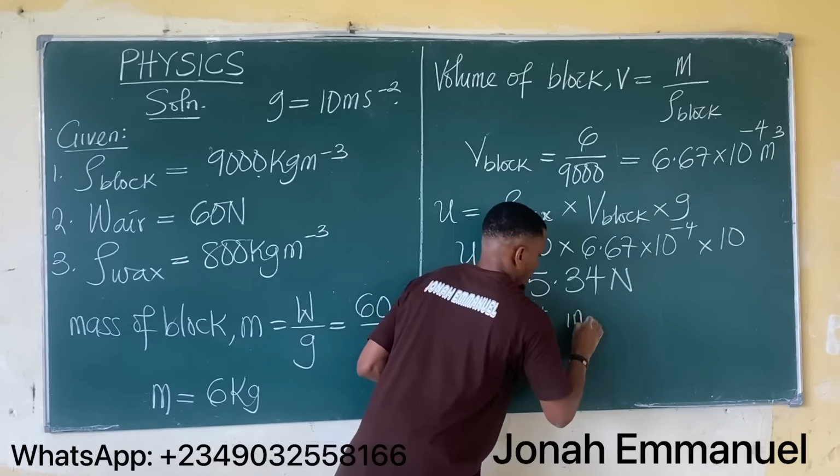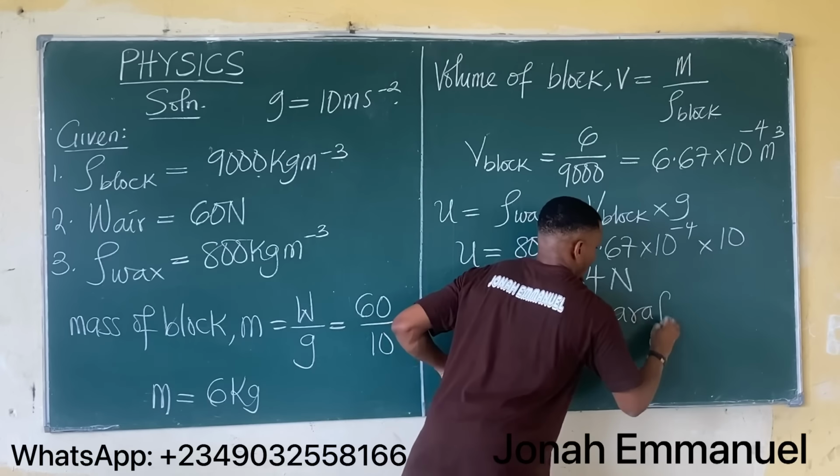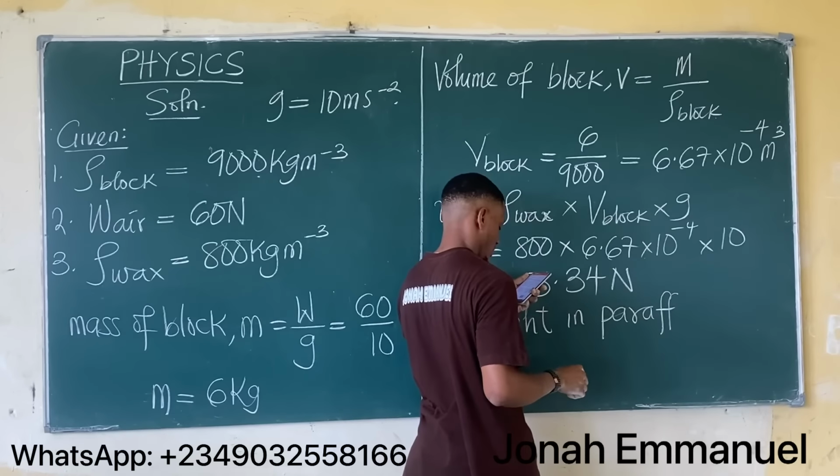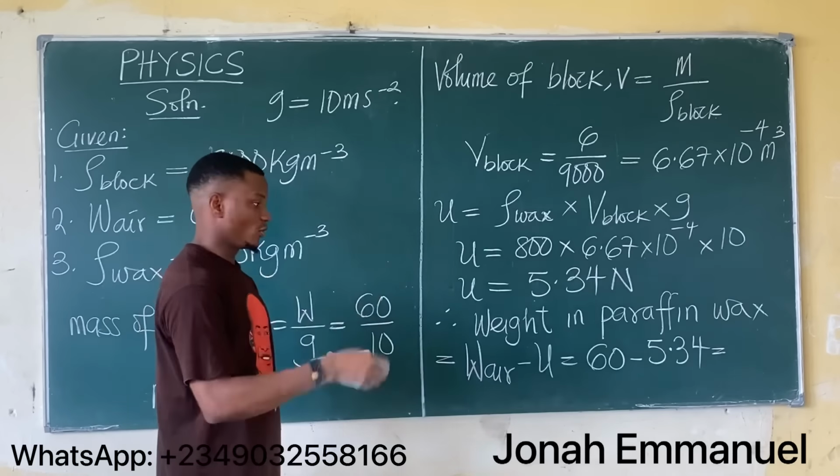So the weight in paraffin wax will be equal to the weight in air minus upthrust. That's equal to weight in air, 60, minus the upthrust, 5.34, the upthrust provided by the paraffin wax on the block.